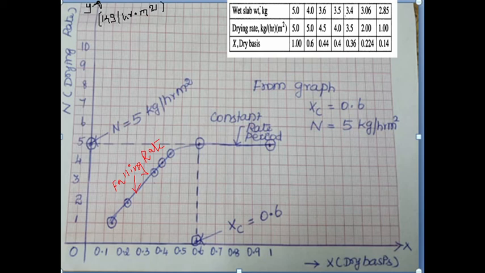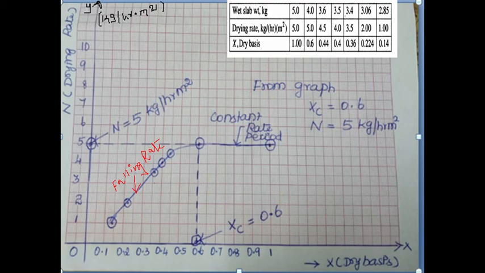So this value is the end of the constant rate period. The corresponding value on the y axis is marked as capital N, that is capital N is equal to 5 kg per hour meter square.